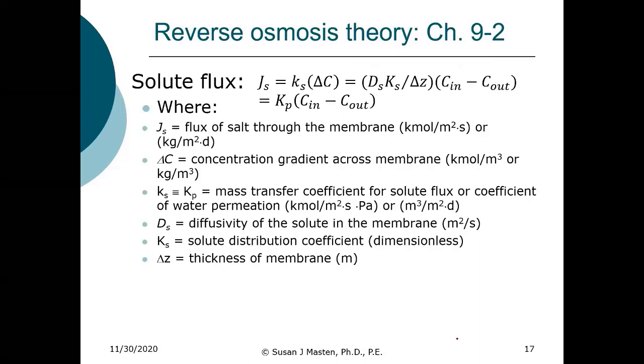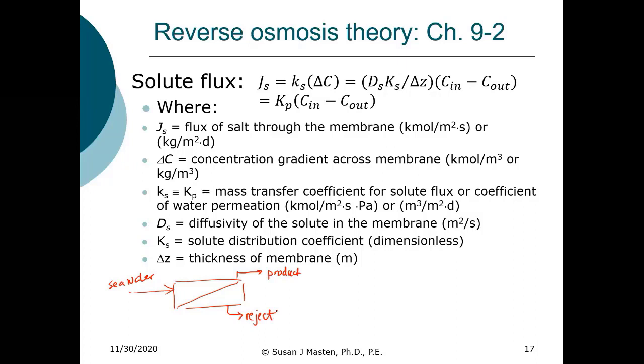The solute flux is the flux of salt or other chemicals that pass across the membrane surface. So for instance, if we're looking at that sodium chloride solution and we have a membrane surface, so here's our membrane, we'll take seawater and produce a product stream and a reject.